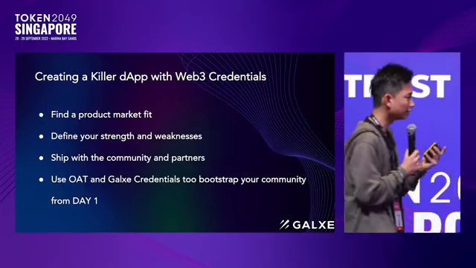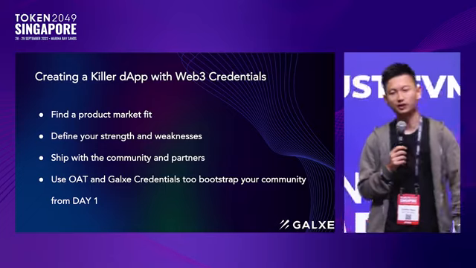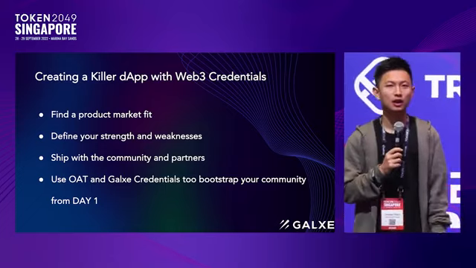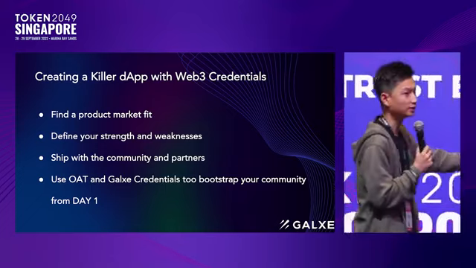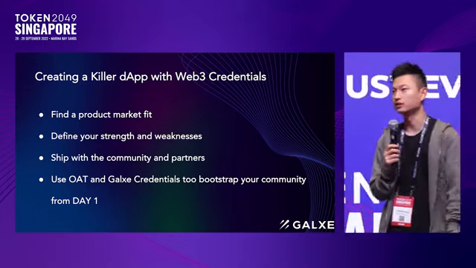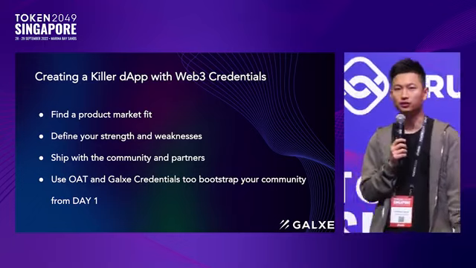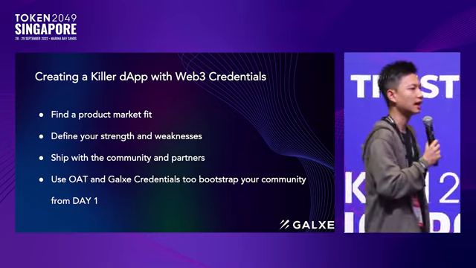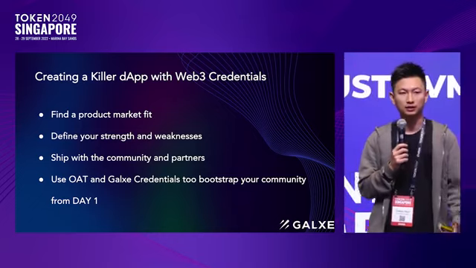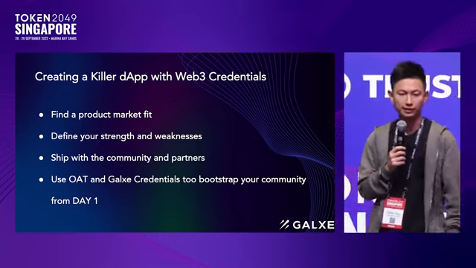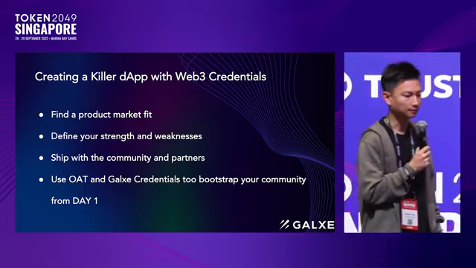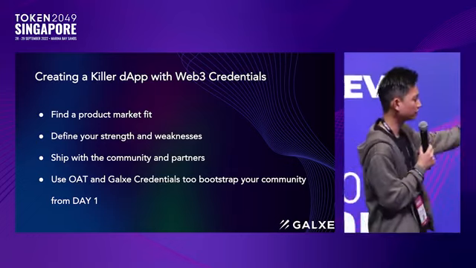So my topic is creating a killer app with Web3 credentials, because we've been working with 830 projects to help them acquire their users and retain their users, as well as find their own product market fit, basically. We think those are very important.